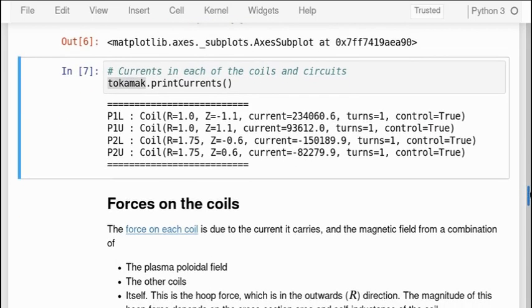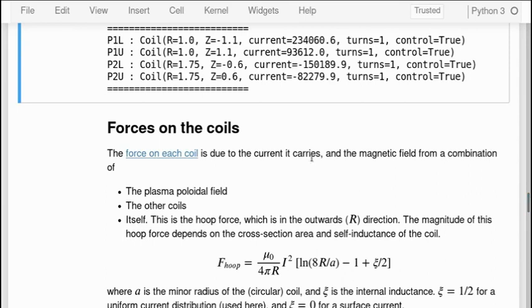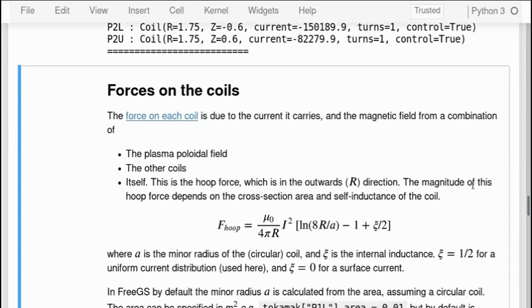An important constraint is the forces on all these coils. These are carrying very large currents. The plasma itself is carrying a very large current, and so the forces can be quite large. There are forces due to the plasma, of course, so the plasma is creating a magnetic field, and that's interacting with the current in the coil. There are the fields due to the other coils, and perhaps most difficult to calculate is the force due to itself.